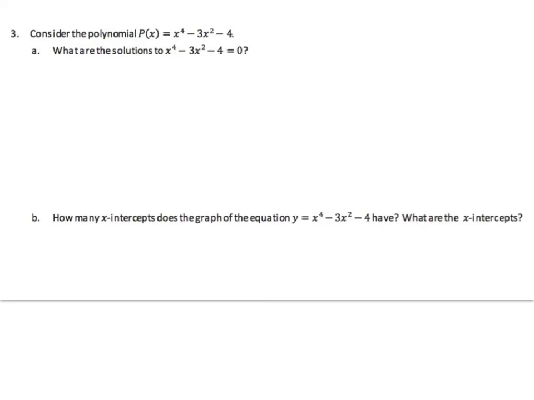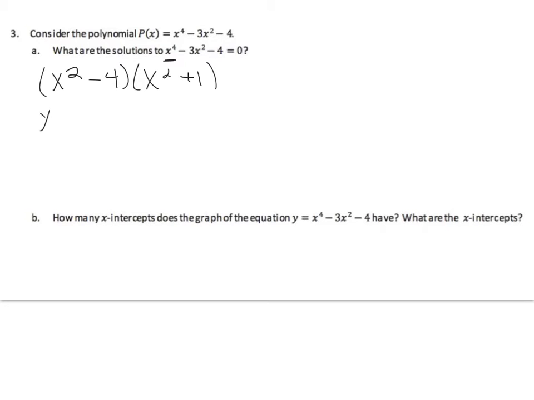Awesome. All right, let's do one. So consider the polynomial x to the fourth minus 3x squared minus 4. What are the solutions? Well, I can make this into two binomials that are in squares. So I'm going to do x squared minus 4 and x squared plus 1. Does that work out? Yes, it does. And then I can factor this again.